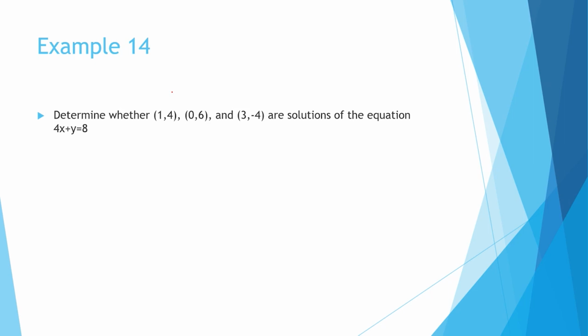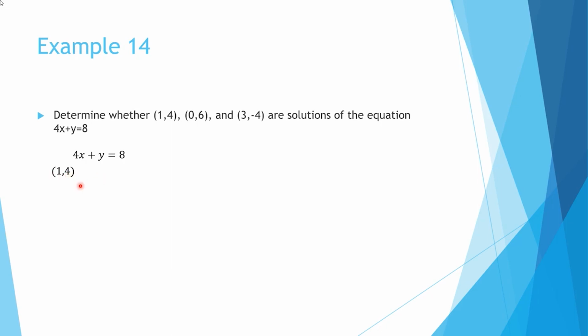So how do you determine whether these points are solutions of the equation 4x plus y equals 8? First, you write out the equation and then you plug in the point.